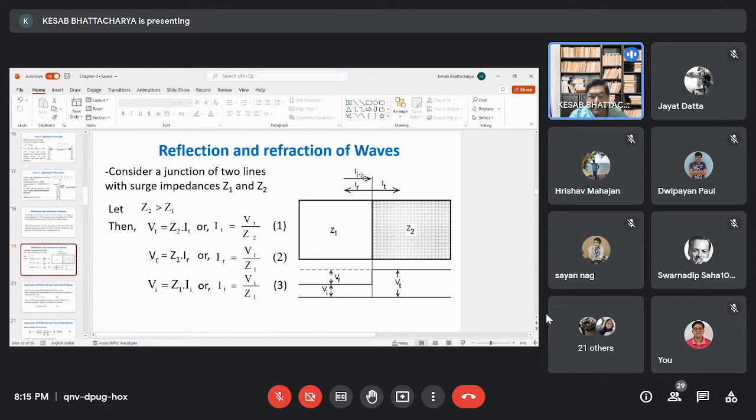We further assume that Vi is the incident voltage wave, Ii is the incident current wave, Vr is the reflected voltage from the junction, Ir is the reflected current, Vt is the transmitted voltage, and It is the transmitted current.